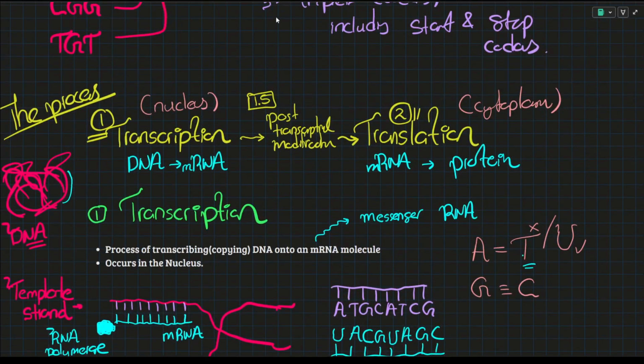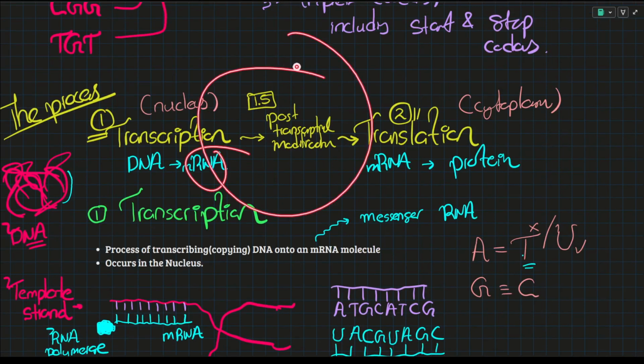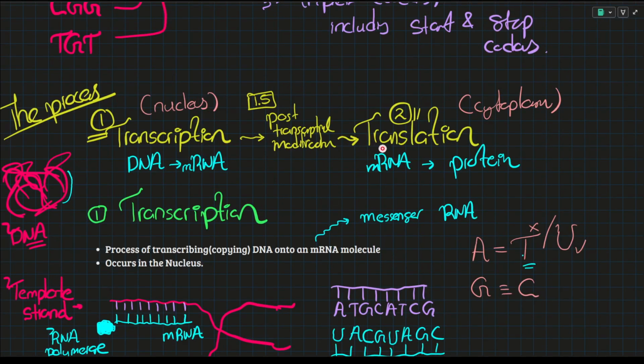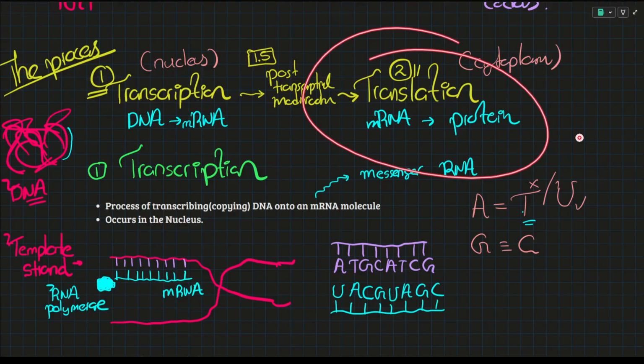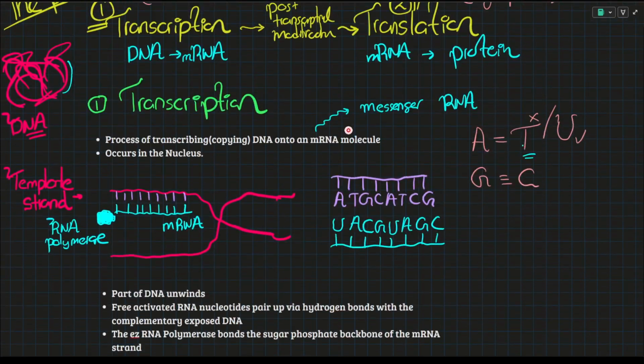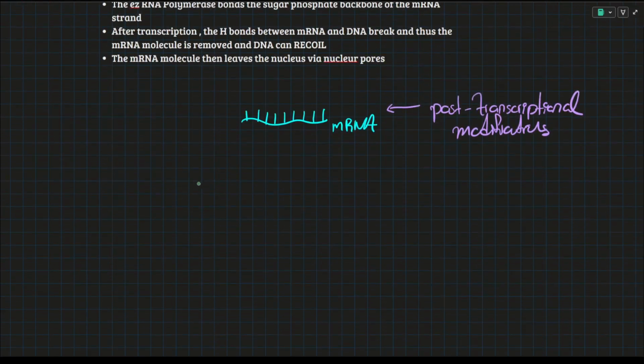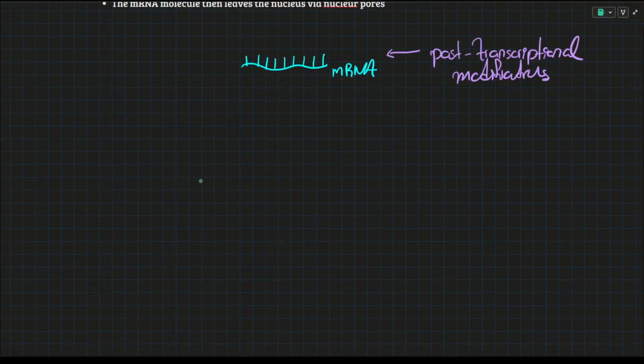Okay, so transcription done. Now I have a working mRNA template. We're going to do some post-transcriptional modifications onto it, and then we're going to finally translate that. Now, after these post-transcriptional modifications, the mRNA molecule can undergo a beautiful translation process to produce a protein we need.